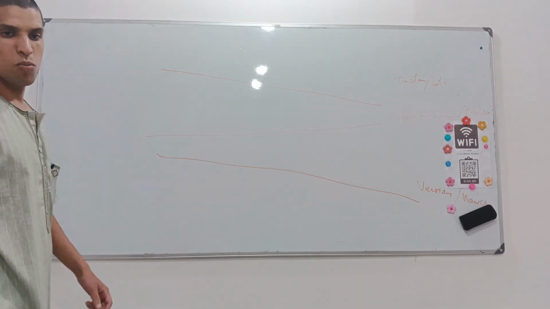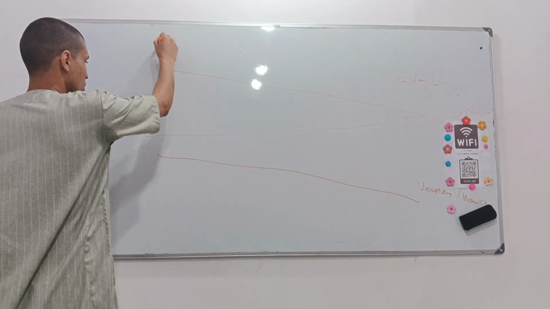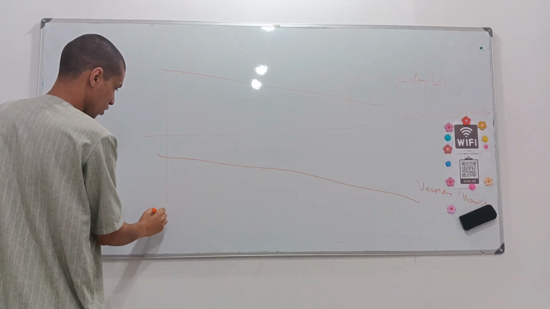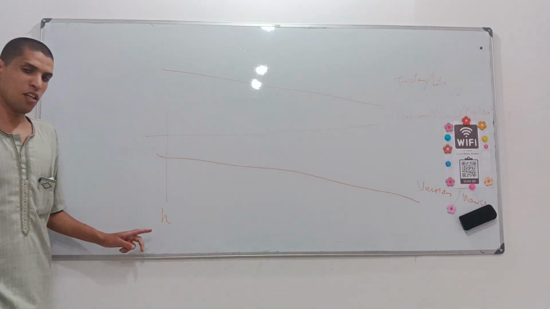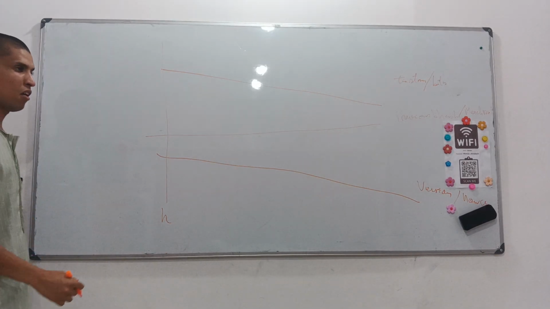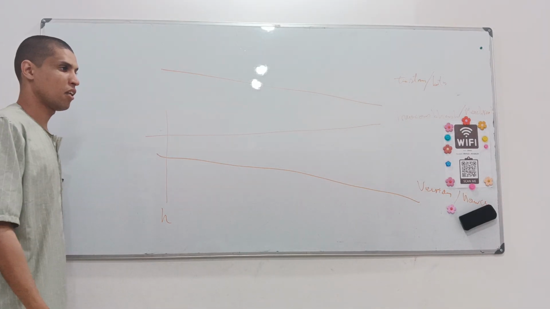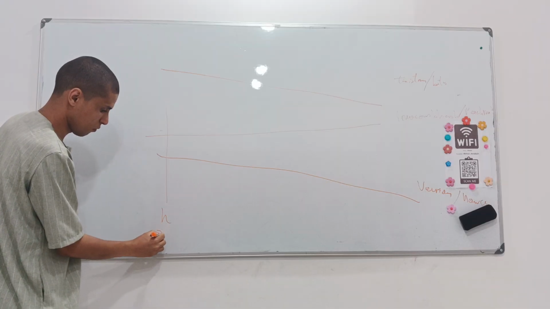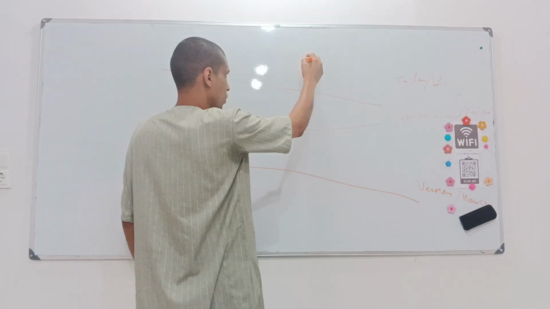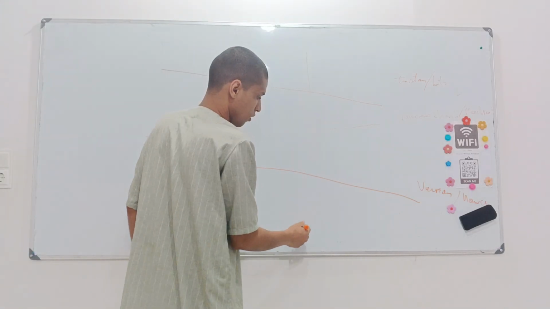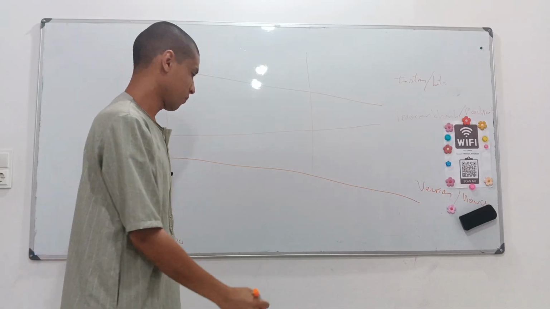If we consider two successive blocks, let's say block hash, which has this height, consider 35K as an example, and block 35K and 1.